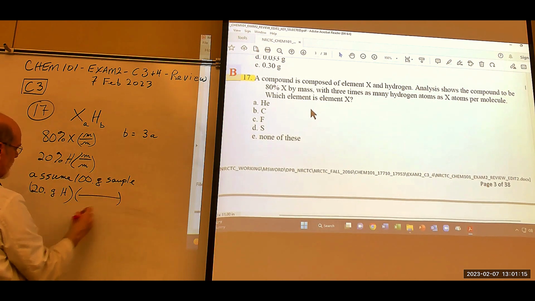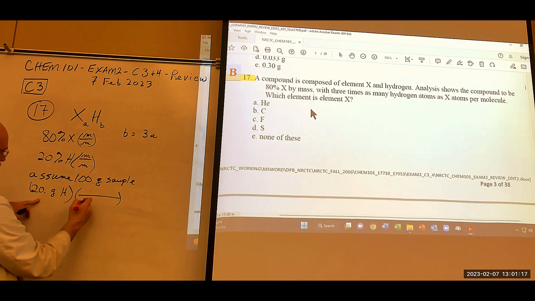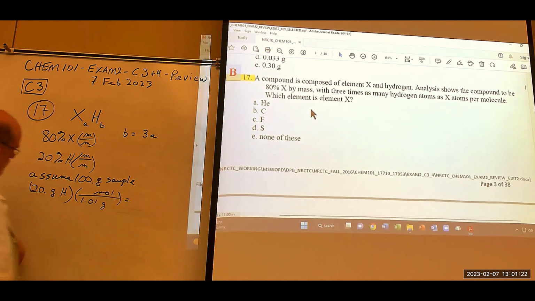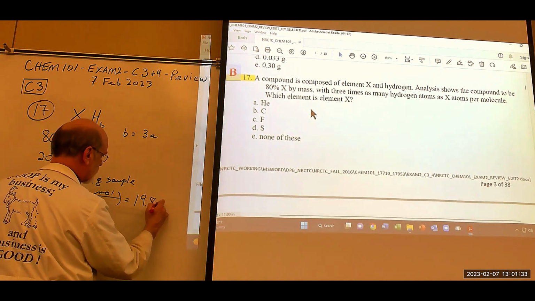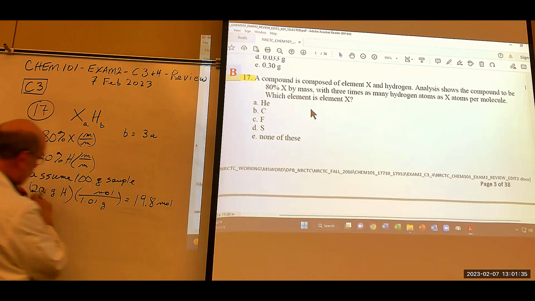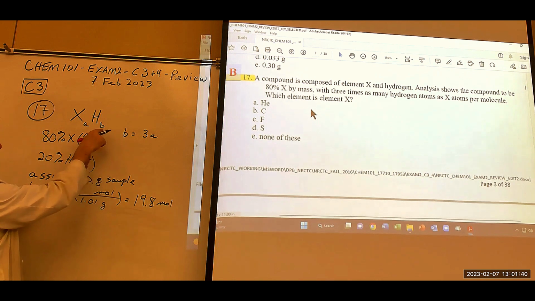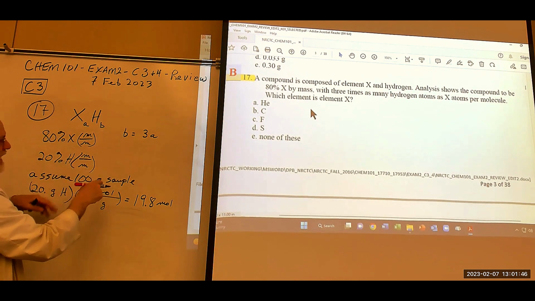So how many moles is that? Well, we need 1.01 gram per mole. 20 divided by 1.01 is 19.8. So that's 19.8 moles of hydrogen. And then B is actually 3 times A. So what would A be?